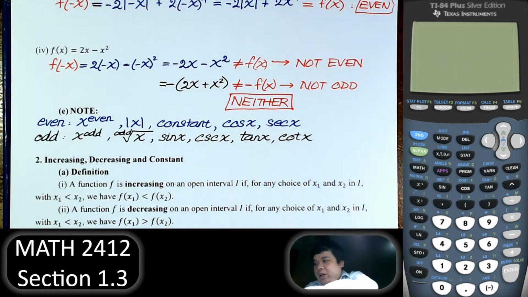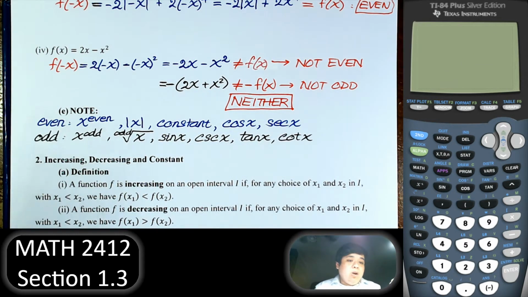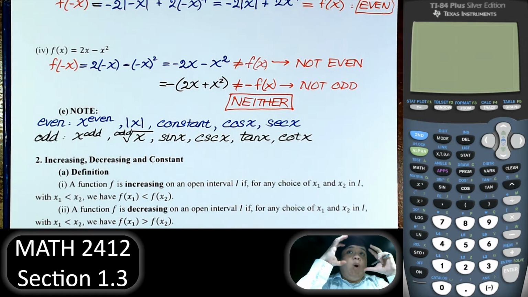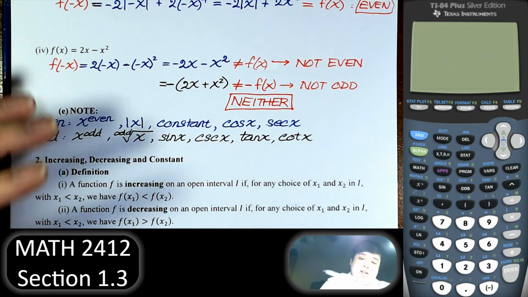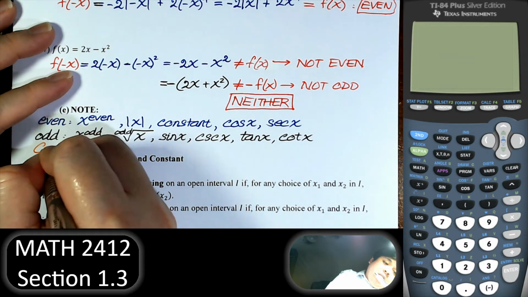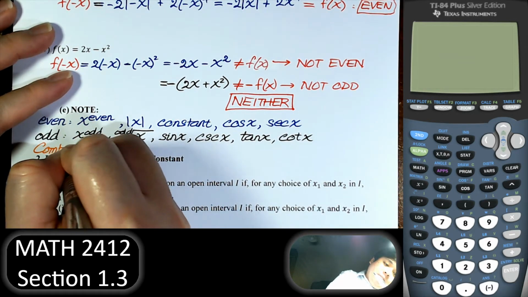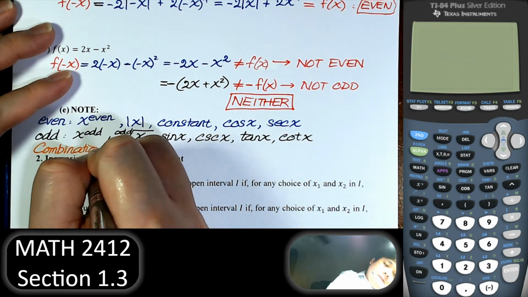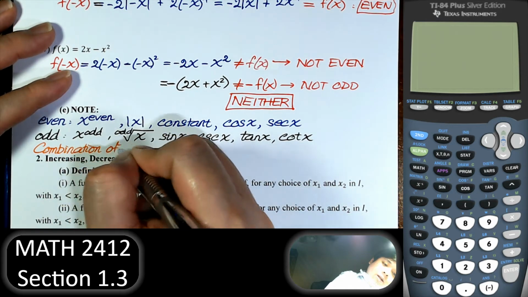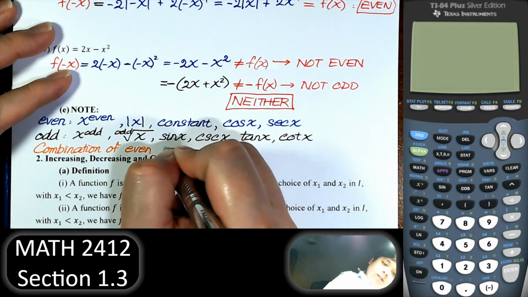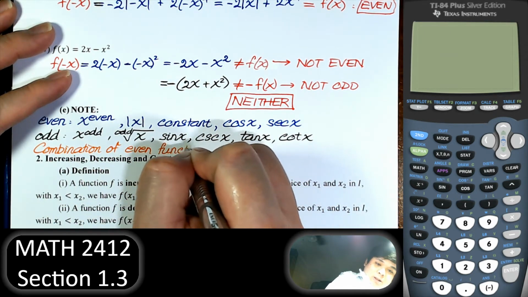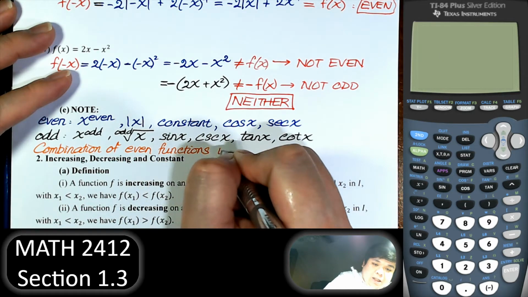Now with that we have an important result here. The combination of all even functions is even. The combination of all odd functions is odd. And the mixture of both of them is neither. So let me write this. Combination of even functions is even.